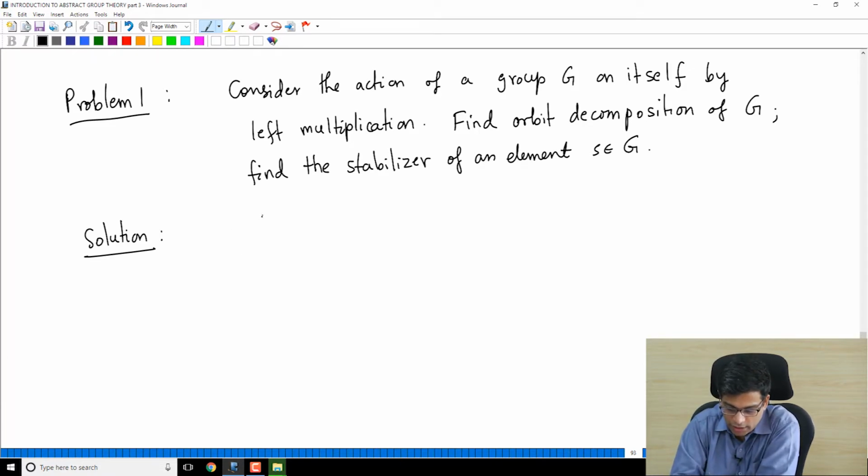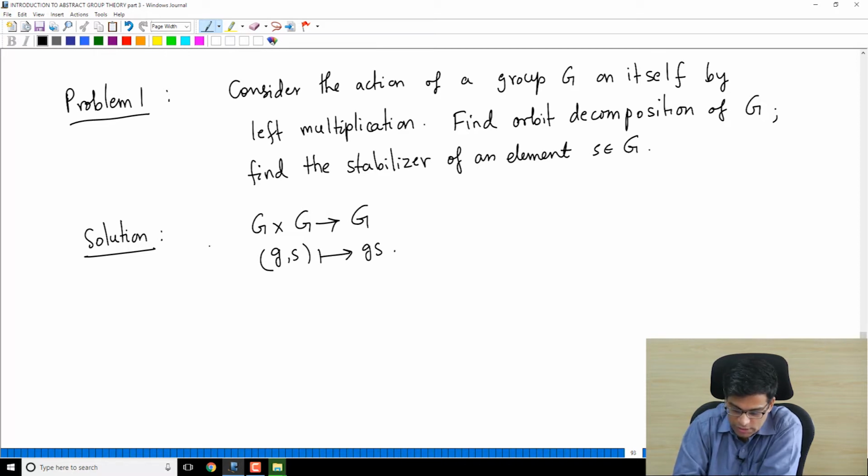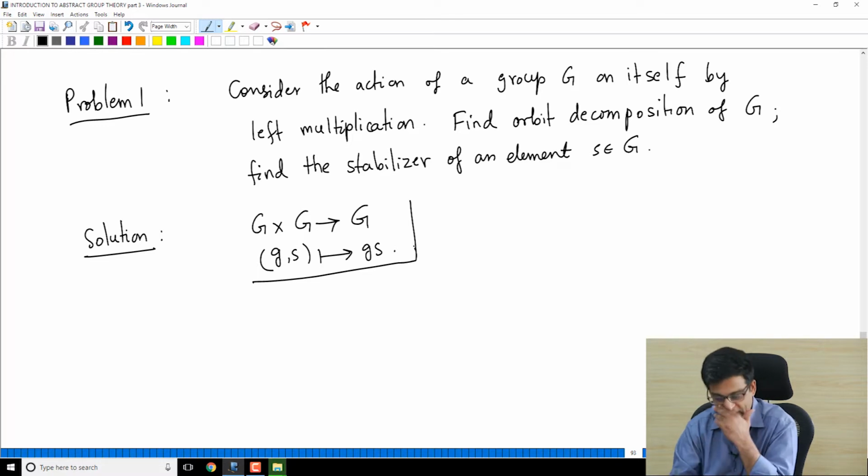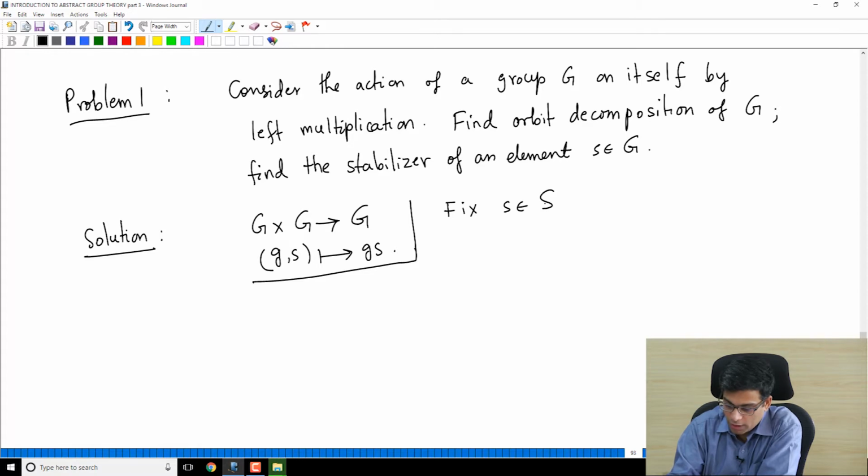So recall that here the action is given by left multiplication. G comma S maps to GS, right? So this is the action. Let's first compute the orbit of an element. In order to find the orbit decomposition, let's start with finding the orbit of a single element.